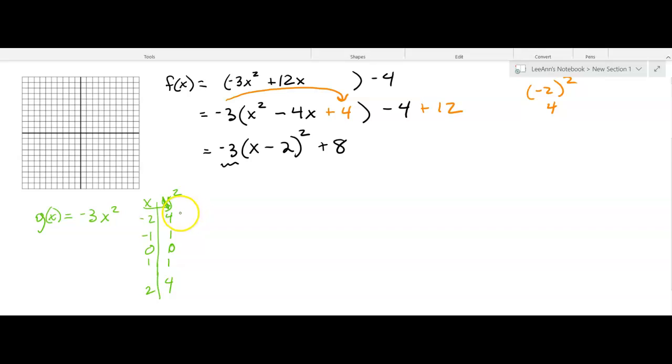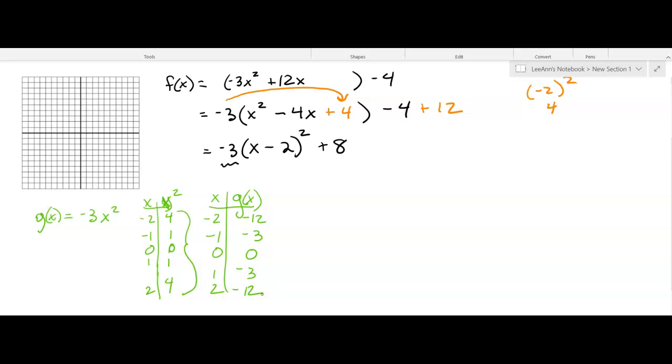But what we're going to do then is multiply all of those by negative 3. So our points for g of x would still have negative 2, negative 1, 0, 1, and 2, but now our outputs are going to be negative 12, negative 3, 0, negative 3, negative 12.